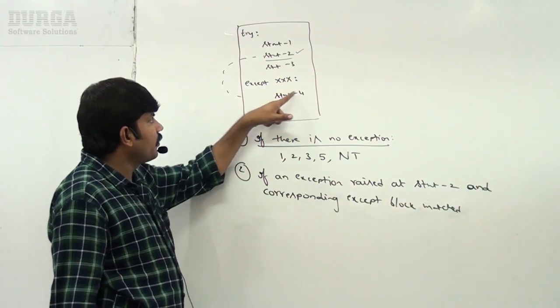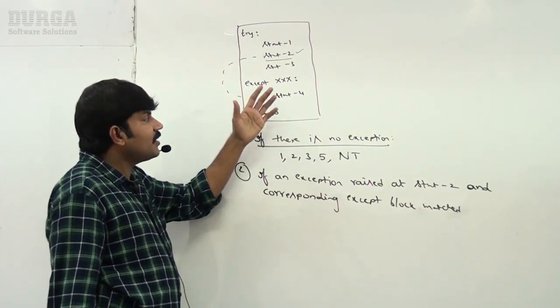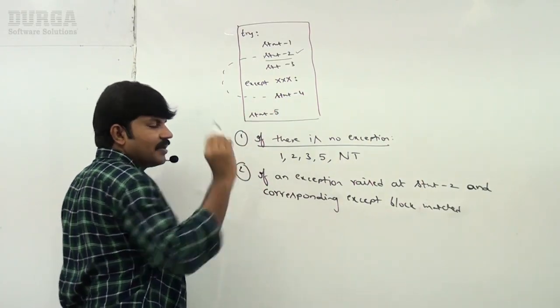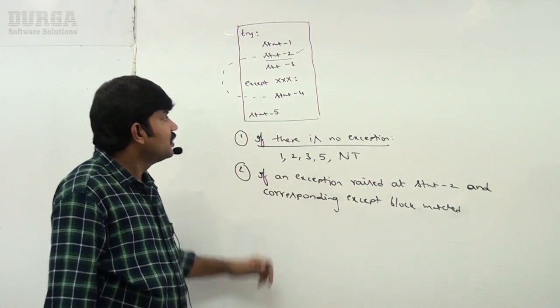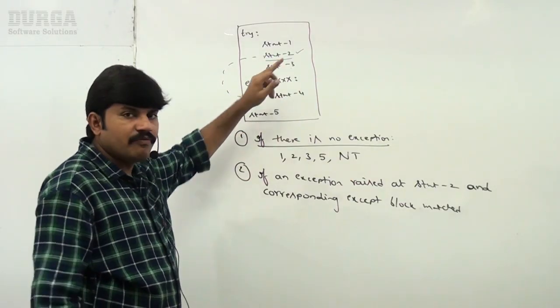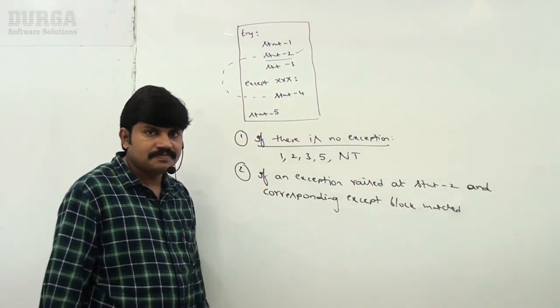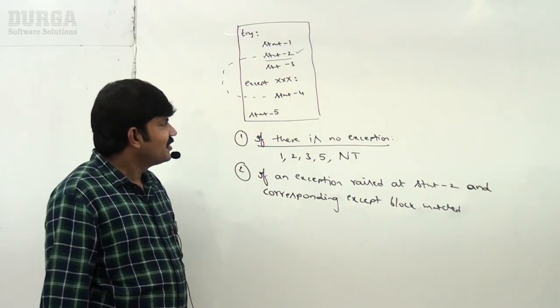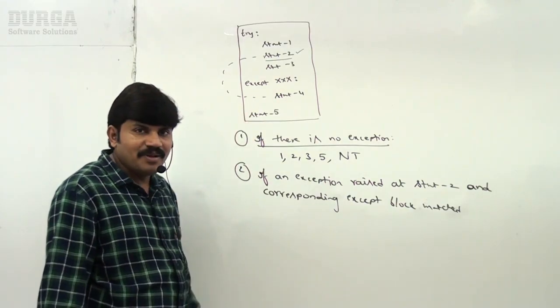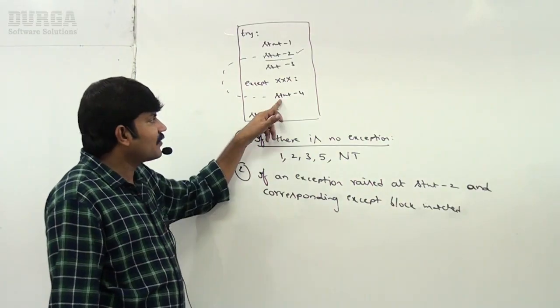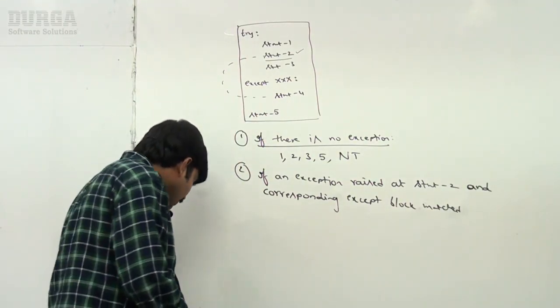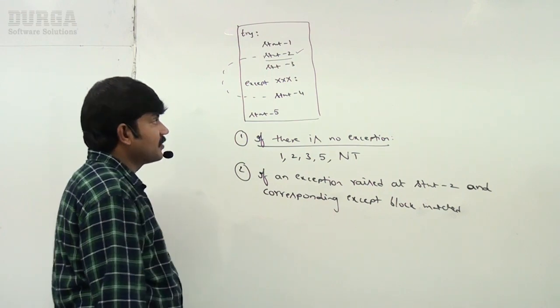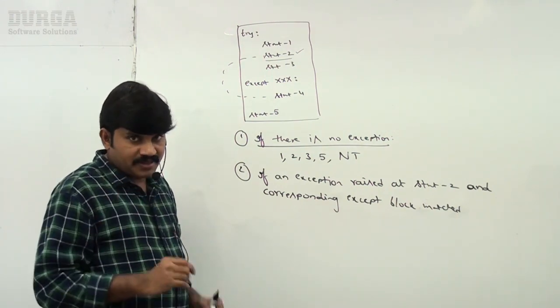Now statement 4 will be executed, and after statement 4 execution, my doubt is whether statement 3 will be executed or not. Getting my point? After executing statement 4, will statement 3 be executed or not? Okay, remember this.